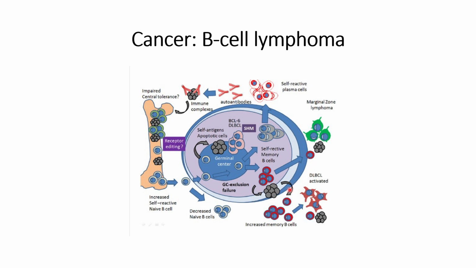In this case, two different kinds of cases are presented here. One leads to the generation of marginal zone lymphoma. That is because of the increase in the number of impaired apoptotic cells, that is, cells that are destined towards apoptosis are not undergoing apoptosis with time, and there is an increase in the number of apoptotic cells. Another case is the activation of DLBCL, that is diffuse large B cell lymphoma.